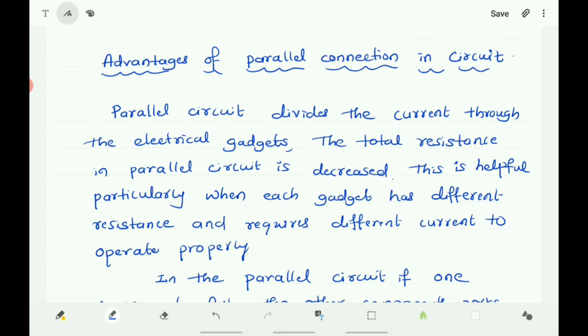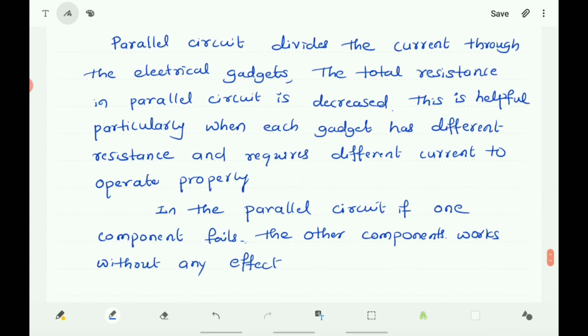The gadgets which have different resistances require different currents to operate properly, and it is helpful as the circuit divides the current through the electrical gadgets. And also in the parallel circuit, if one component fails, the other components work without any effect. This is one of the advantages of the parallel circuit.